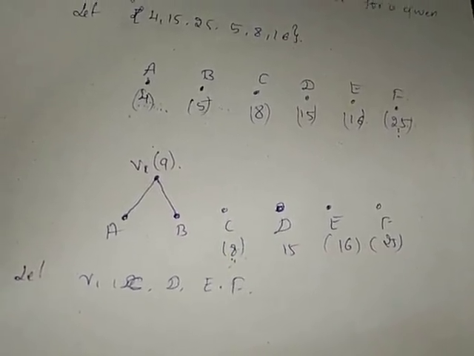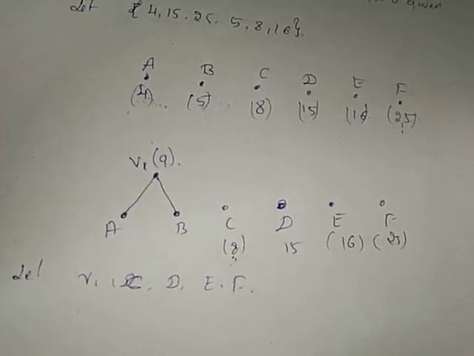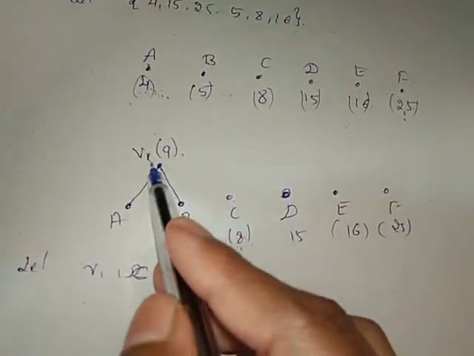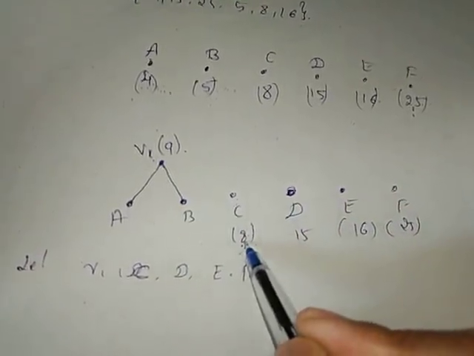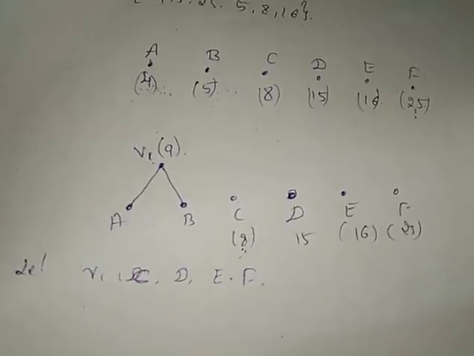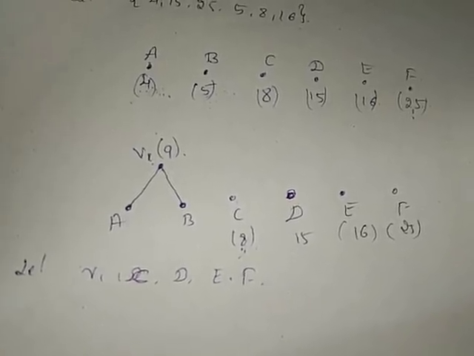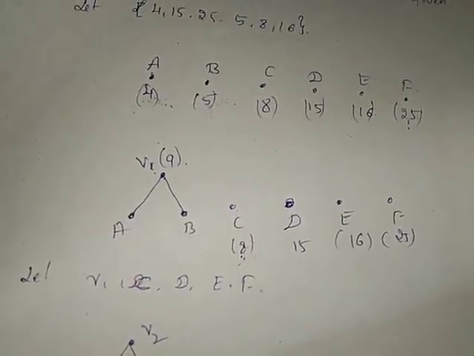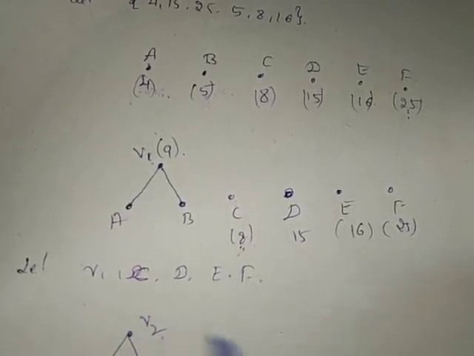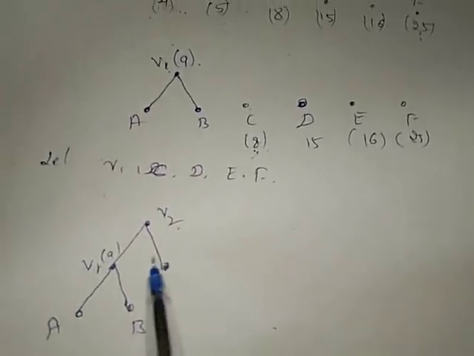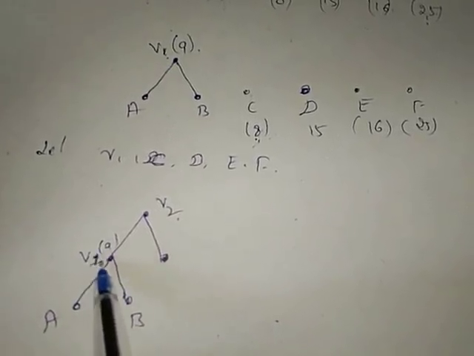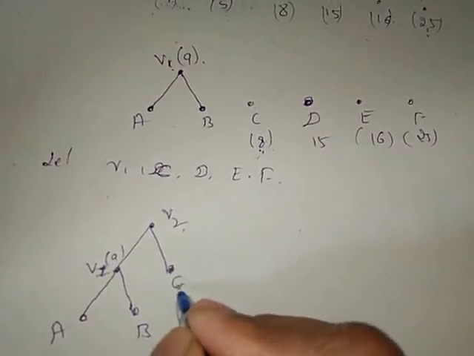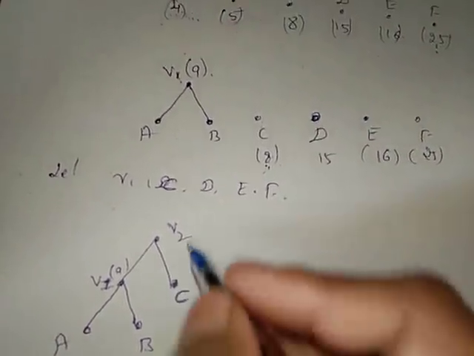V1 and C become children of the new vertex V2. For V2 we construct a tree where V2 is the root and V1 and C are the children.